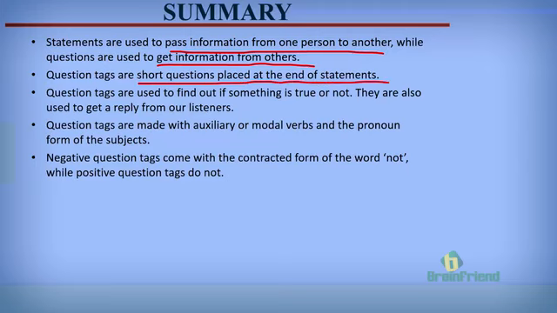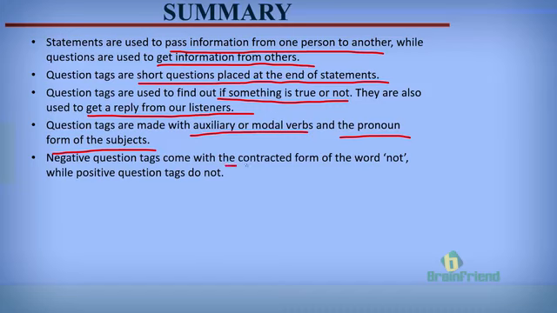We also learned that question tags are used to find out if something is true or not, and that they are also used to get a reply from our listeners. We saw also today that question tags are made with auxiliary or modal verbs and the pronoun form of the subjects. And lastly, we looked at negative question tags and we said they come with the contracted form of the word not, while positive question tags do not.